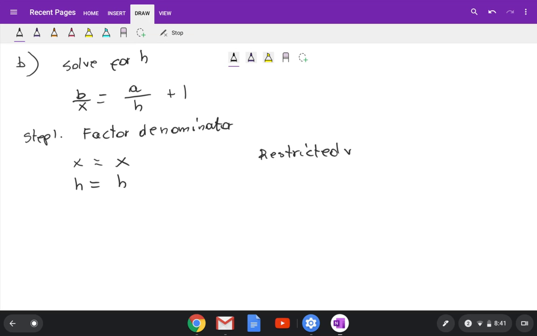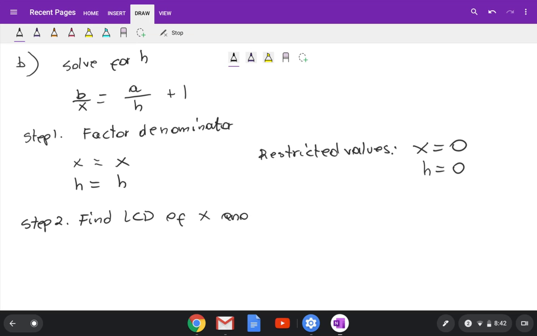Restricted values are, you take your denominator and make it equal to 0, which means x equals 0, h equals 0. So restricted values are the values for which this equation is impossible to solve. It doesn't make sense. Okay, step 2, to solve this type of equation, find the LCD. So the LCD of the denominators of x and h is, just multiply them together, x times h. Okay, that's the LCD.